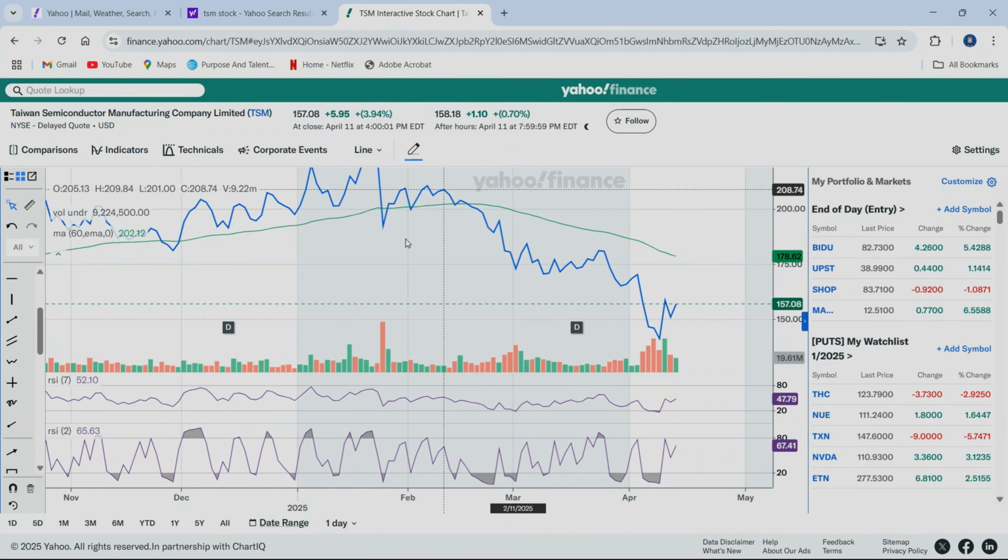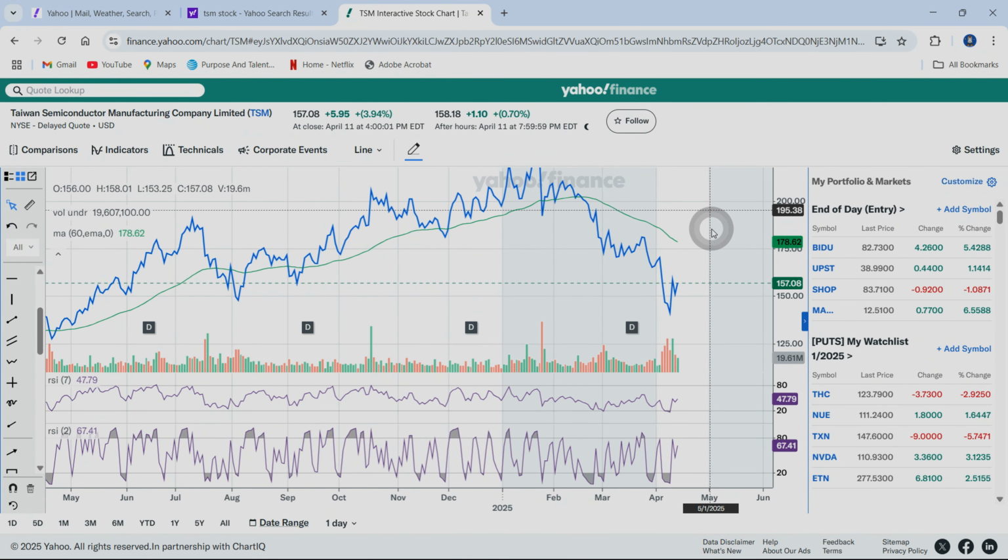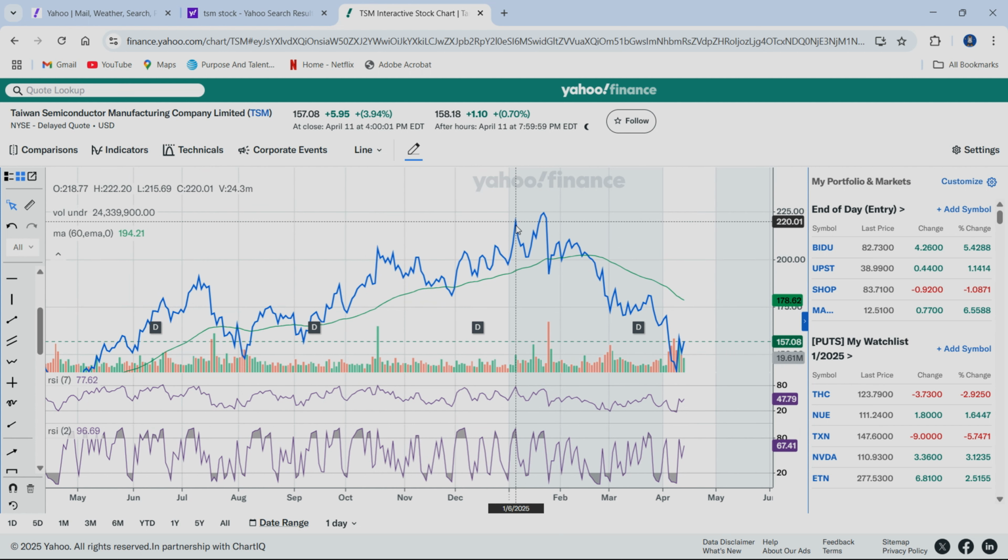Usually, if I see a stock drop down to the moving day average, I expect it to bounce off of it or break it. If it breaks it, I know that it's a downtrend. If it bounces past it, it's an uptrend. You see what I'm saying?